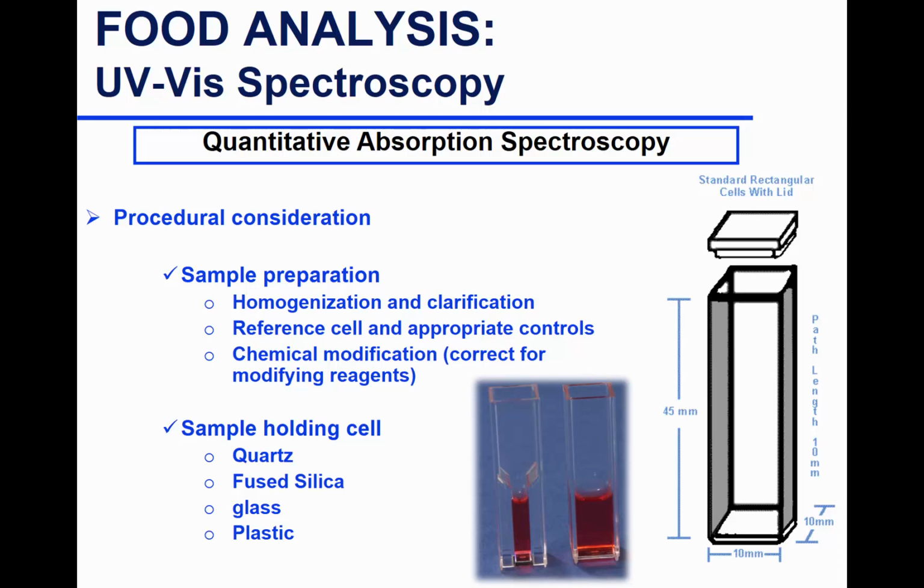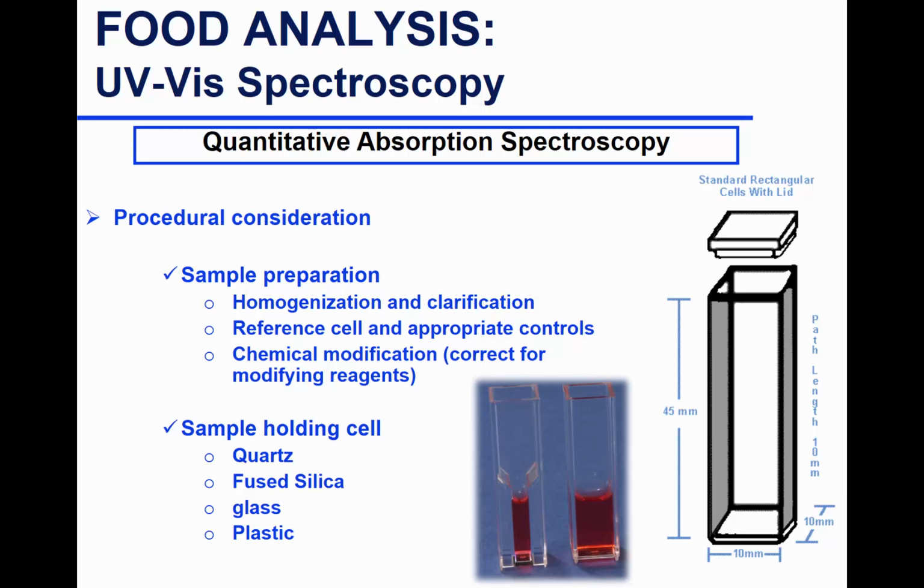Because there will be a lot of light scattering happening. So we don't want that. We want to make sure it's clear. Oftentimes, when our compound of interest is soluble but there are impurities in there that we don't want, we centrifuge. That means we clarify by centrifugation, get rid of the precipitate, and take our clear solution to measure absorption.